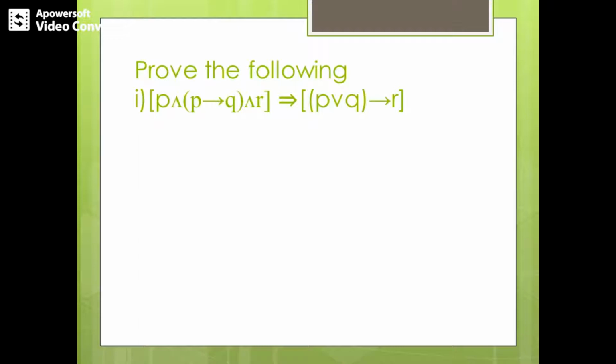Or in terms of conditional, if you want to say P implies Q, it is in such a way that Q is true whenever P is true, then we say that P logically implies Q. So in order to prove this result, let's construct the truth table with respective columns P, Q, R, and construct few more columns as per the question. That is, P implies Q, and we need to have extra column for P conjunction P implies Q conjunction R, and then P or Q, then finally P or Q implies R, and then we need to match the left hand side.